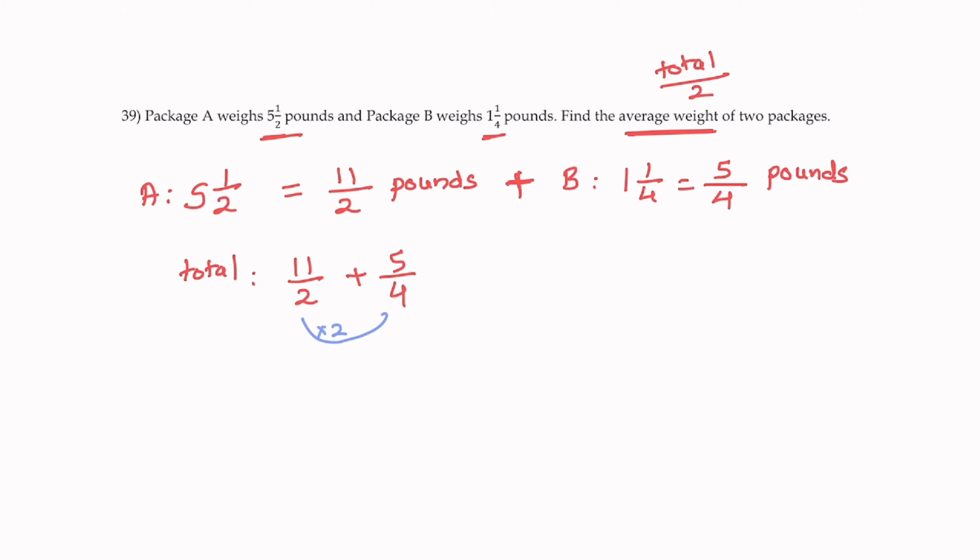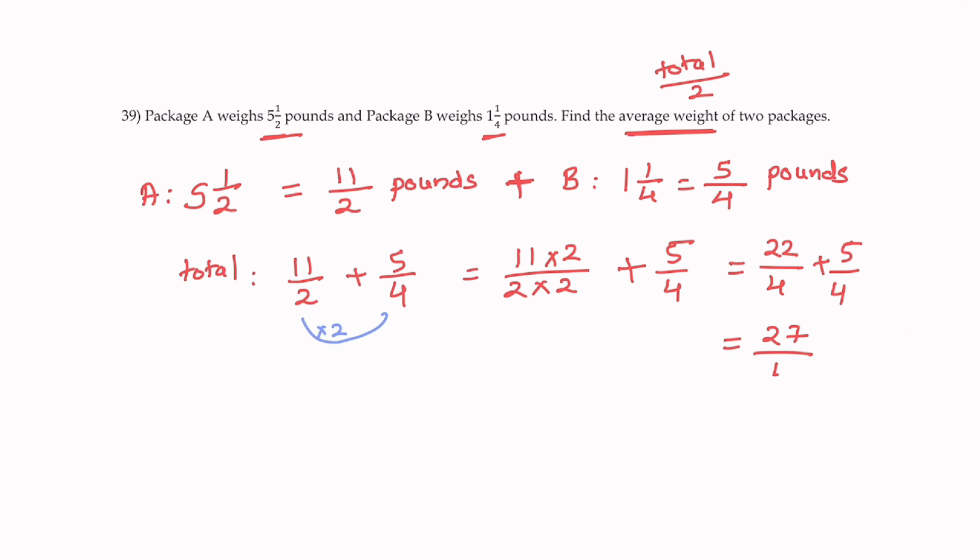So we are only going to change our first fraction, which is equal to 11/2 both times with 2 plus 5/4, which is equal to 22/4 plus 5/4, and that is 27/4 pounds. We have the total over here.